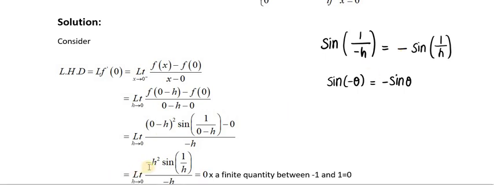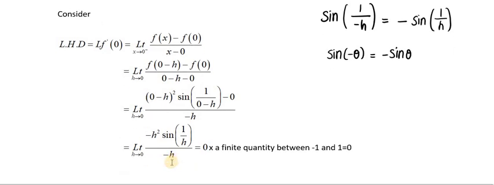Finally, the simplification of the numerator is minus h square sine of 1 by h. Denominator minus h as it is. Now, minus gets cancelled, one h gets cancelled. Then finally we get limit h tends to 0, h into sine 1 by h.